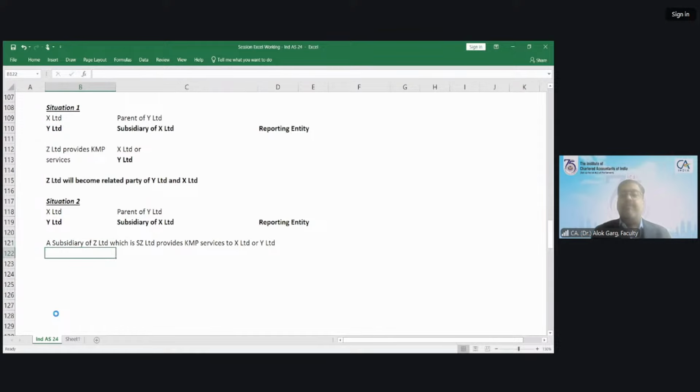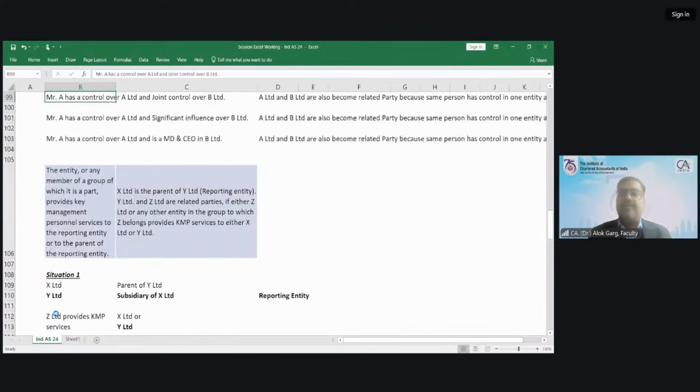So the member of the group of Z is providing the KMP services. So in this case also Z Limited and SZ Limited will also become the related party of Y Limited and X Limited. Okay. Is that clear? Yes, sir. Clear, sir.